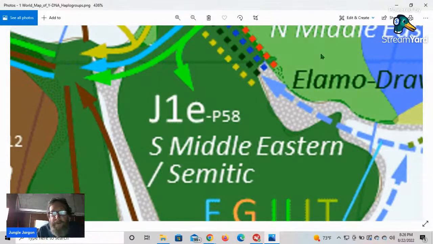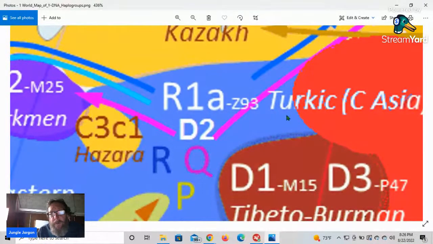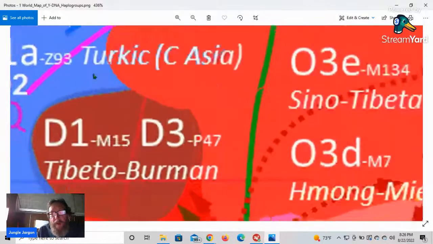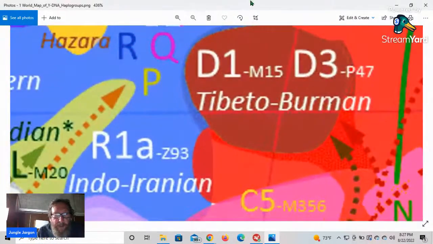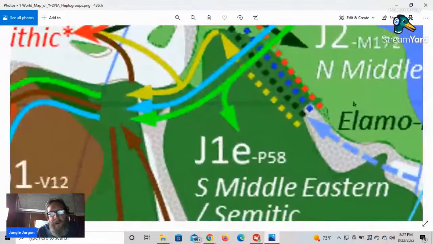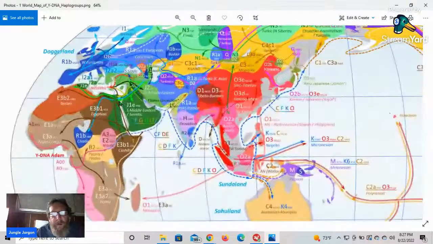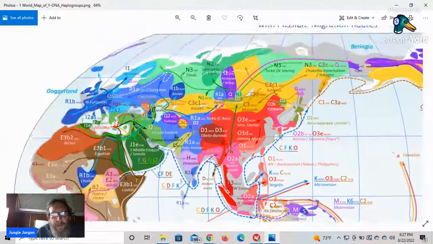They went up the Rhine River. They also went down the Silk Road. They're not represented here on this map, but it is a fact that the Uyghurs are Judaic as well.